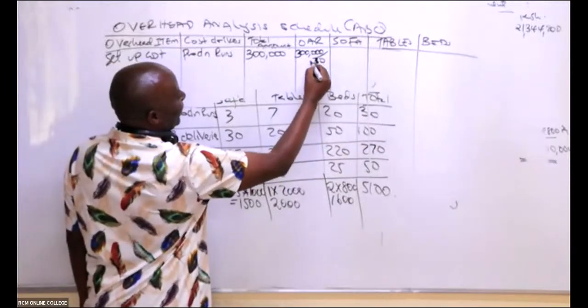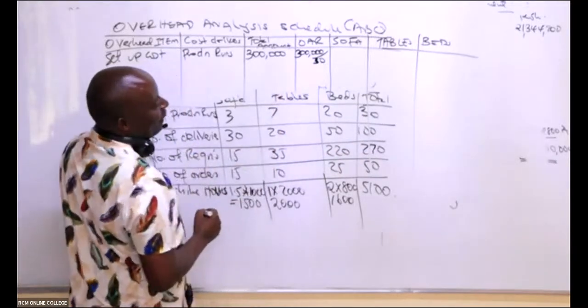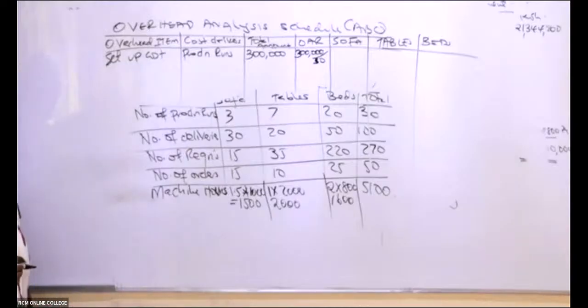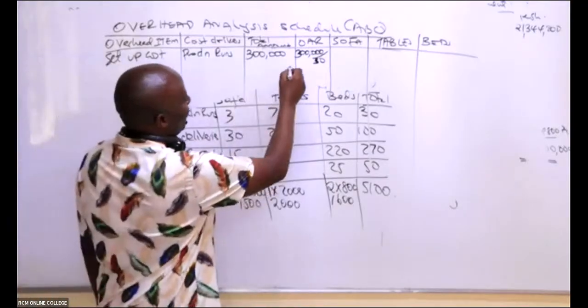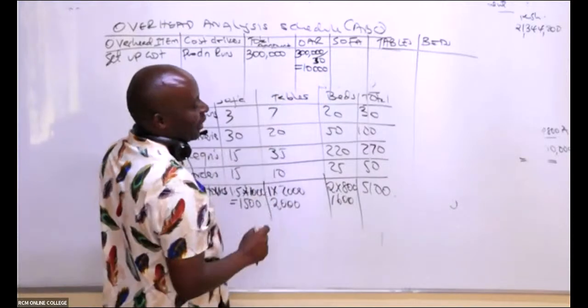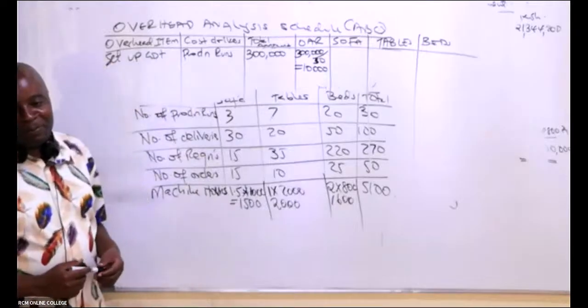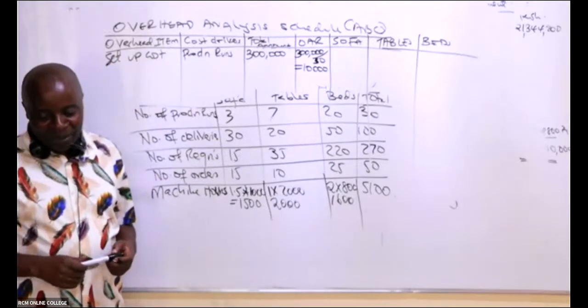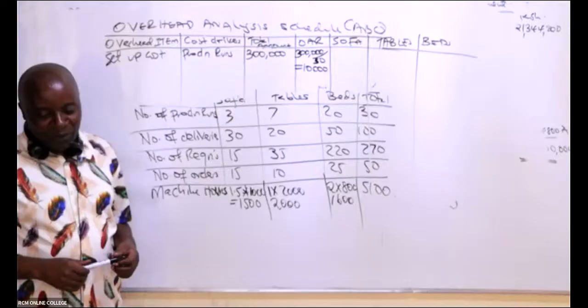So divided by 30, that gives 10,000. So I'm being given a figure of 10,000 here. So now this is 10,000 per run.